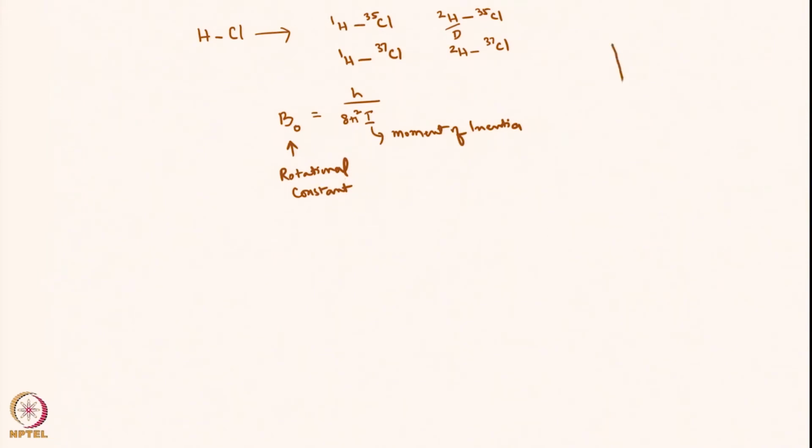When you record the rotational spectrum, the separation between the lines is 2B, 4B, 6B, 8B, for transitions J equal to 0 to 1, 1 to 2, 2 to 3, 3 to 4, etc., and the separation between them is 2B.